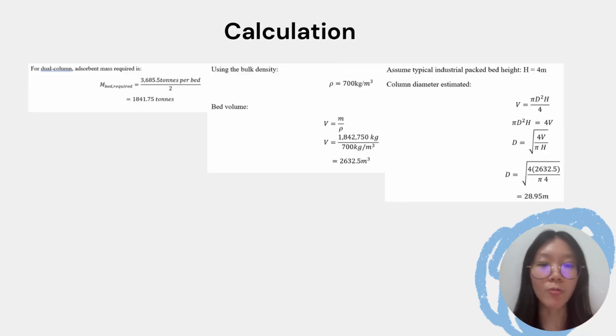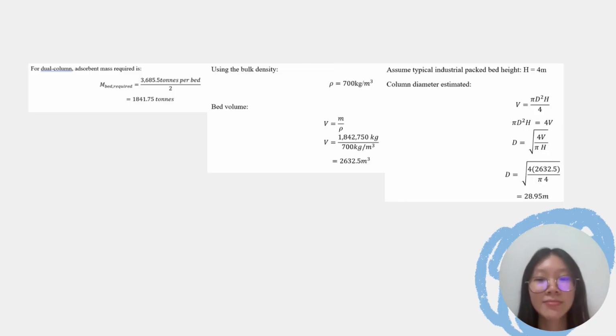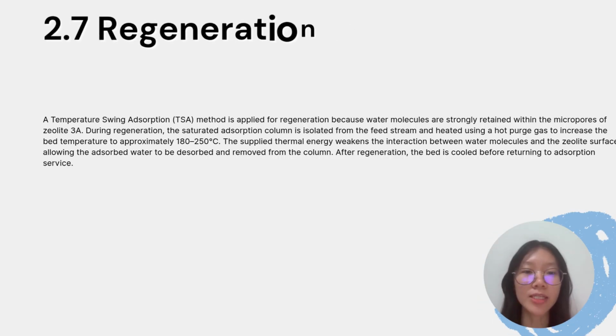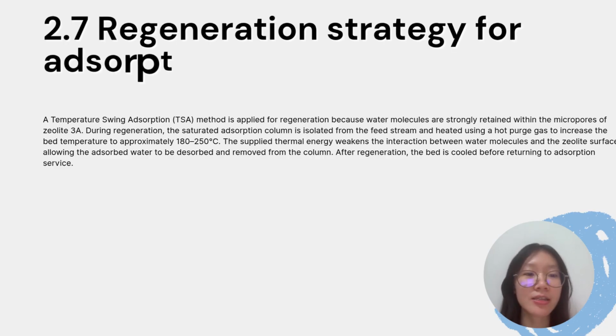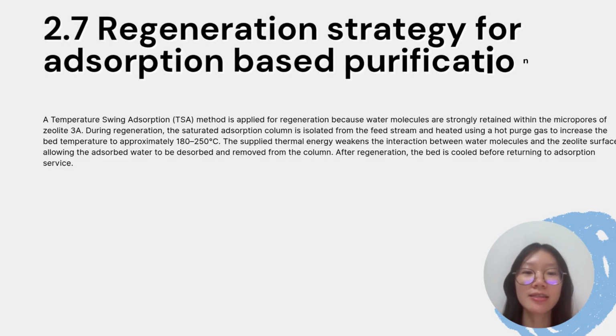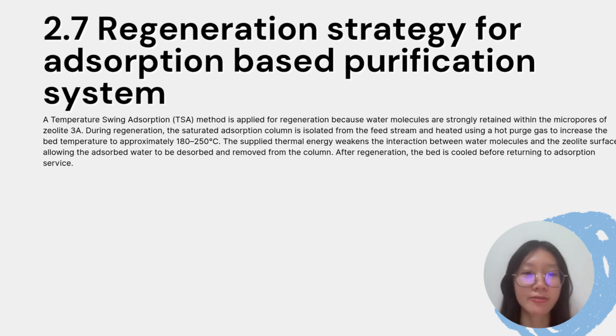During operation, water adsorption occurs progressively along the bed, forming a mass transfer zone. When breakthrough occurs, the saturated bed is regenerated to restore the adsorption capacity and prepare it for the next cycle. Next, I will explain the operating conditions selected for the adsorption column and the TSA regeneration strategy.